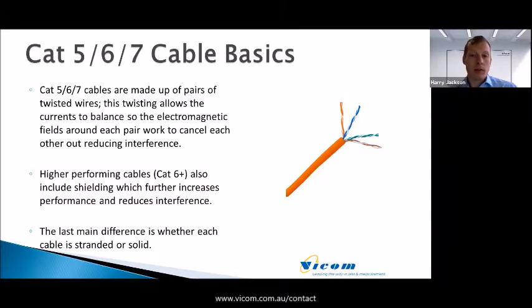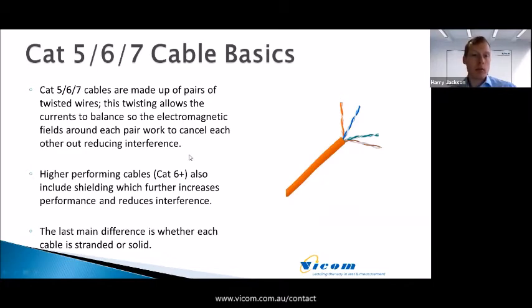Now, the reason the pairs of wires are twisted is that when we send electricity through a cable, it creates a small electromagnetic field, and that electromagnetic field can create interference with adjacent wires and adjacent twisted pairs of wires. So by twisting them together, it can aid in essentially cancelling the electromagnetic field out between a pair of wires and improving the cable performance.